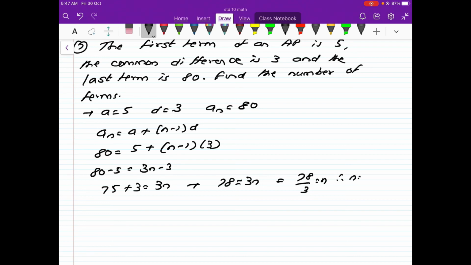Therefore n is equal to 26. So we will say there are 26 terms in the AP.